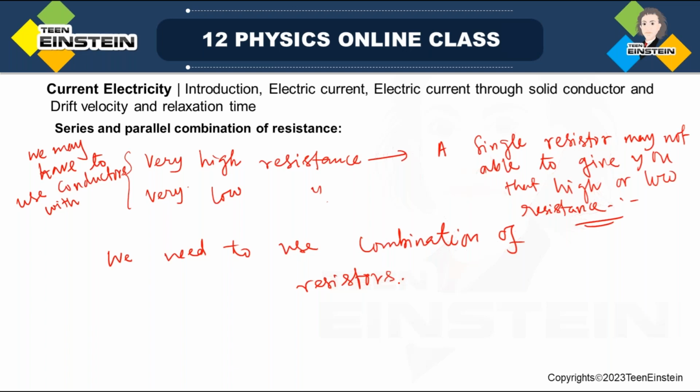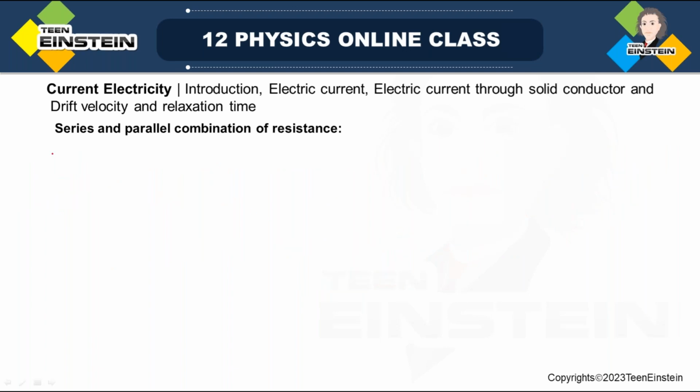Let us try. There are two main or basic types of combinations. One is series combination, and another one is parallel combination.